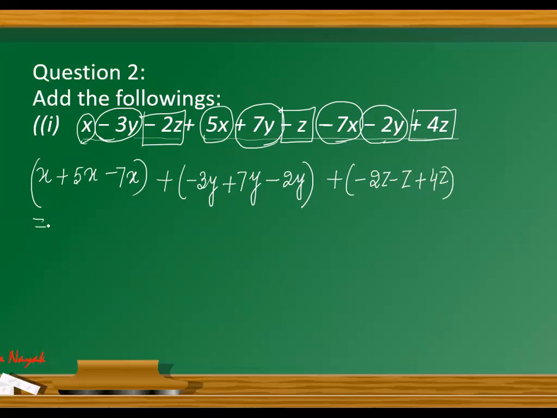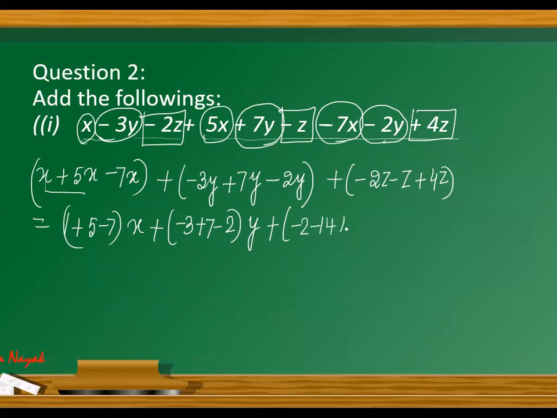So the answer is 1 plus 5 minus 7 x plus negative 3 plus 7 negative 2y plus negative 2 negative 1 plus 4z. Let me write this clearly. This will be, now 1 plus 5, 6 minus 7.